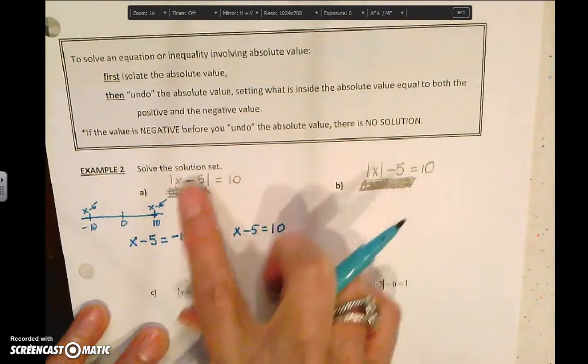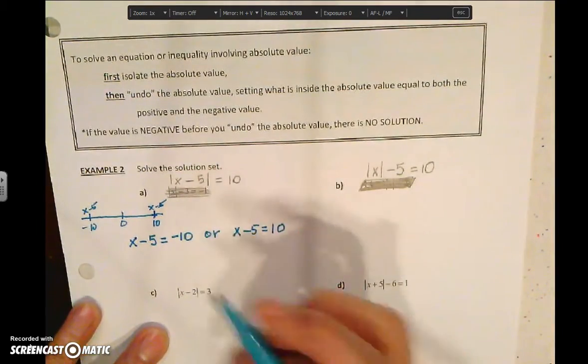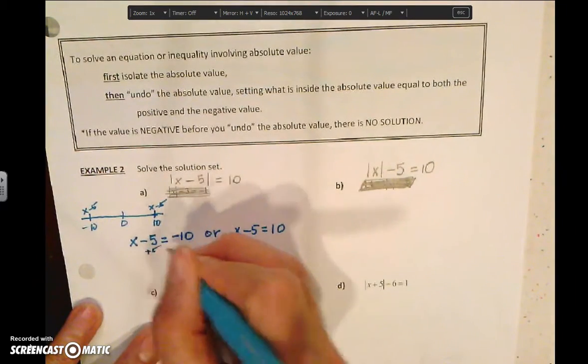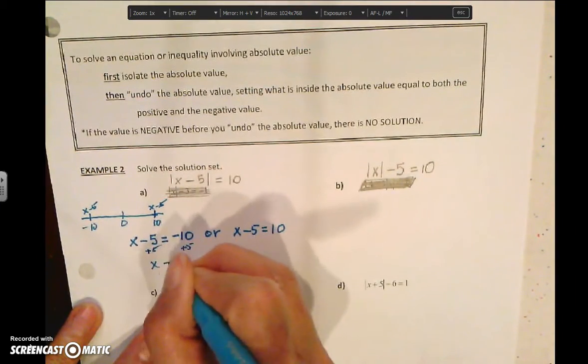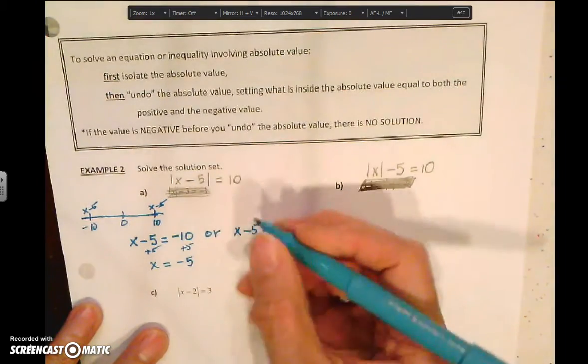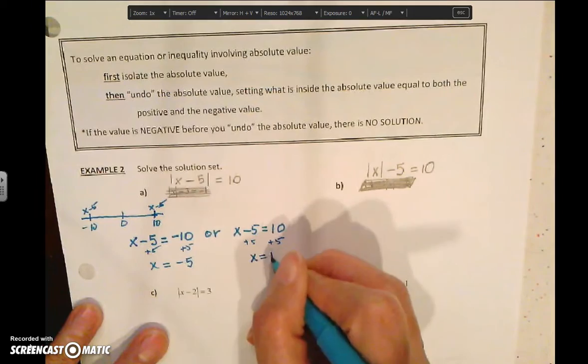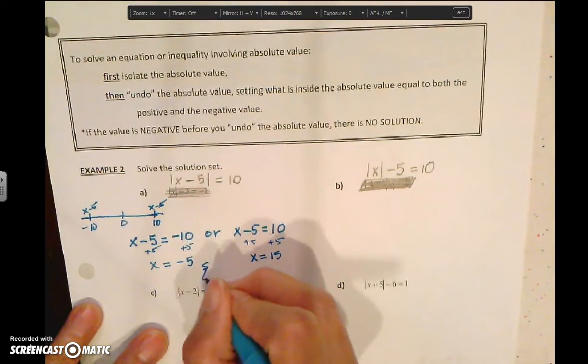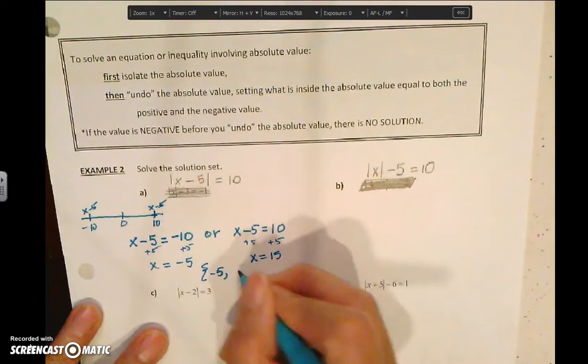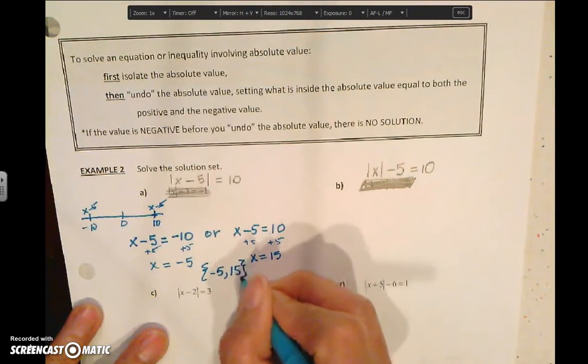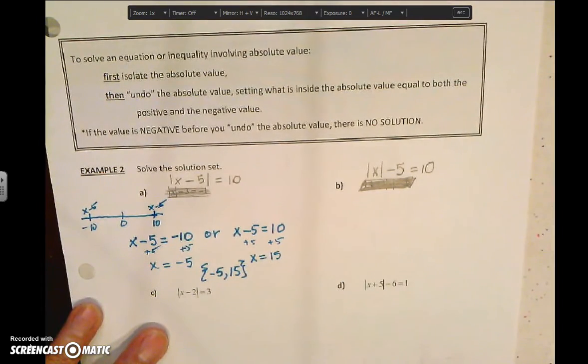Everything else stays exactly the same. And then solve it. +5 on both sides, x is equal to -5, +5 on both sides here, and I get that x is equal to 15. So my solution for this is -5 and 15.